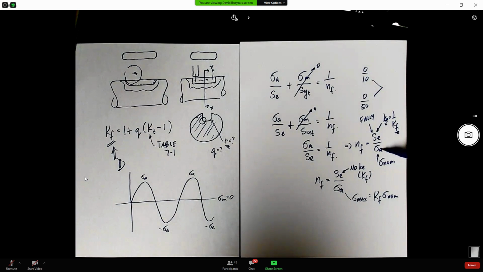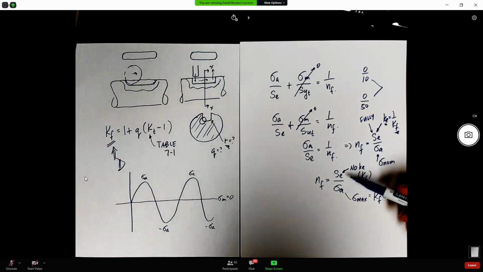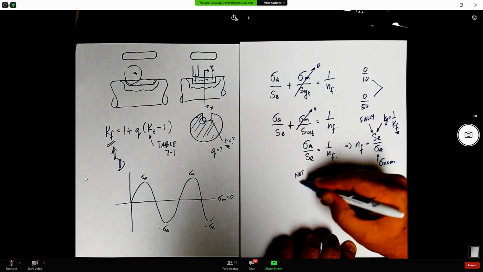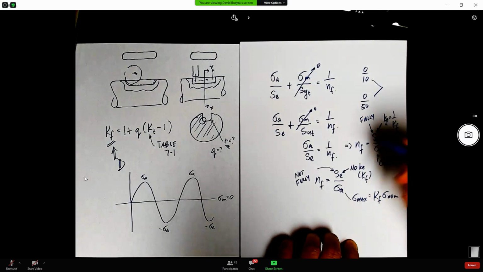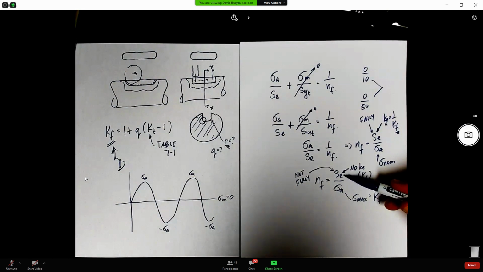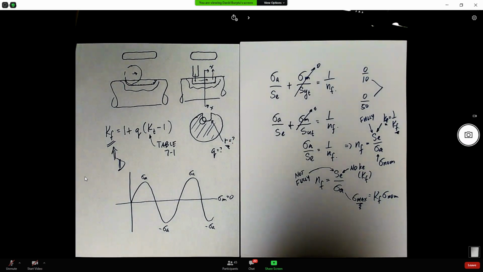Then you use the nominal stress for your sigma A. If you don't include the KE, which is 1/KF, so this is just the modified, not fully modified, in other words, it doesn't include the stress concentration factor, then you use the maximum stress for your sigma A, not your nominal stress.